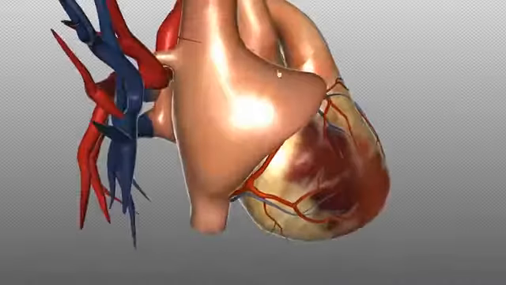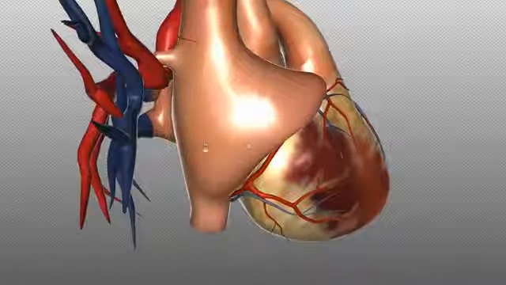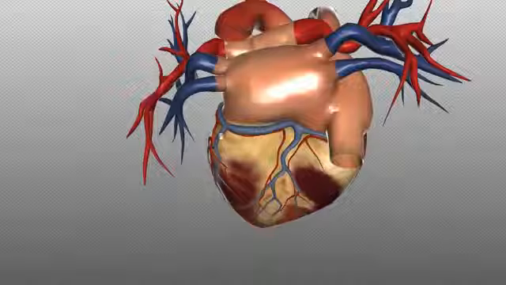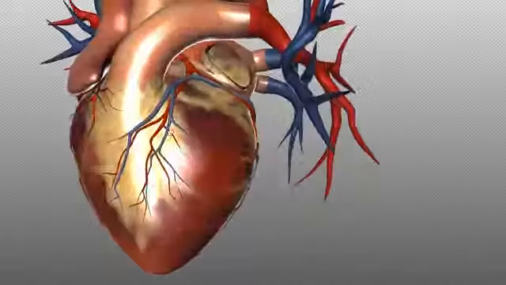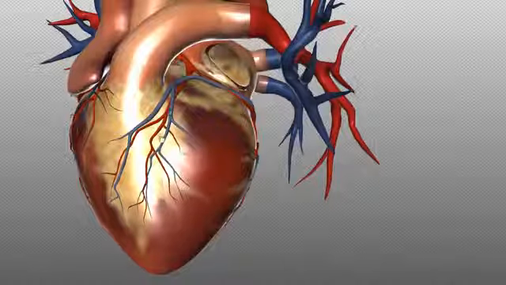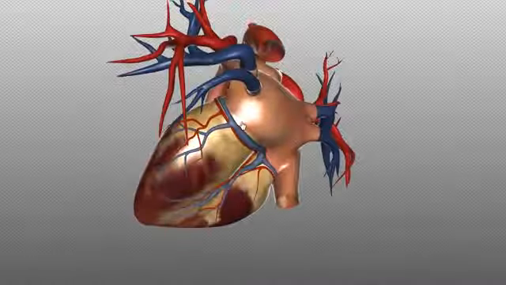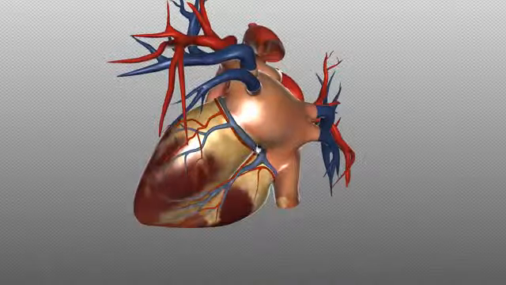So you've got the coronary sinus, which has four tributaries. You've got the great cardiac vein running in the anterior interventricular sulcus. You've got the posterior cardiac vein, which runs on the left margin of the heart, which joins the great cardiac vein and drains into the coronary sinus.